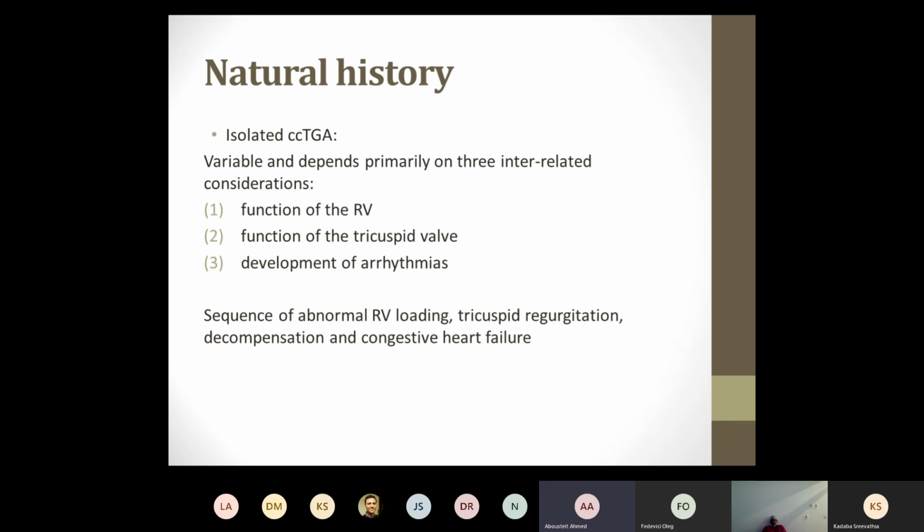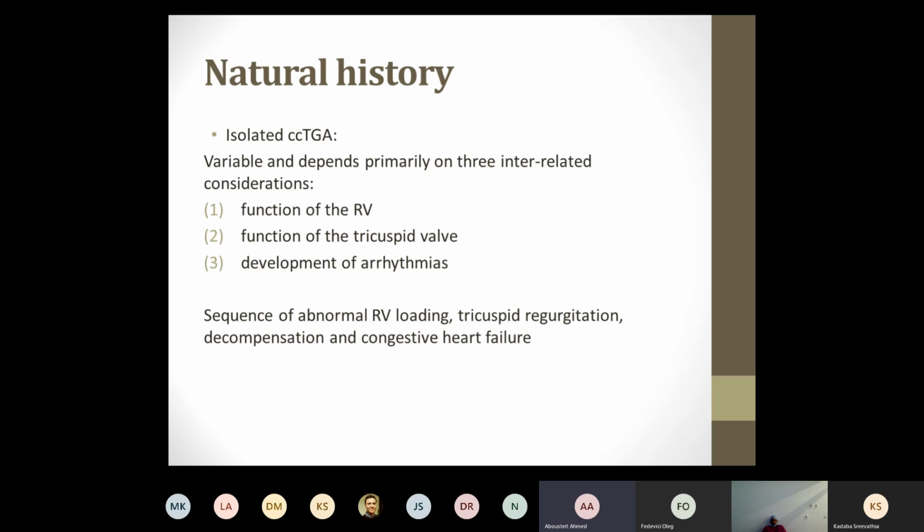The outcome of isolated congenitally corrected transposition of the great arteries is variable and depends primarily on three points: the function of the RV, the function of the tricuspid valve, and the development of arrhythmias.